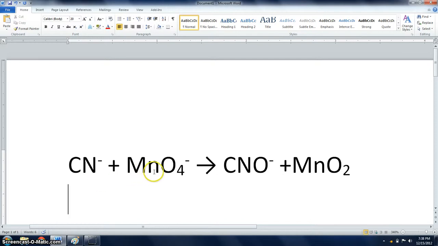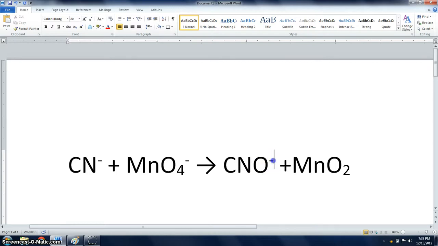Then moving on, our oxygen is going to be -2, and because we have 4 of them, it's going to contribute a charge of -8 overall. So to have a -1 charge overall, our manganese must have a +7 charge. And over here, our oxygen is going to have a -2 charge, and our nitrogen is going to have a -3 charge.